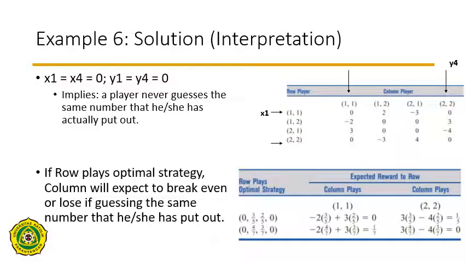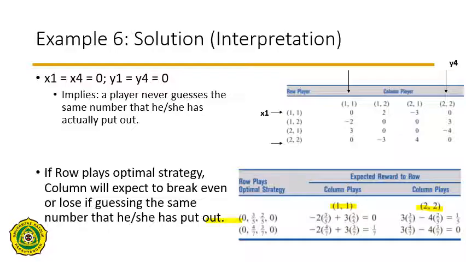To show this, let's create a table which shows that the column plays either 1,1 or 2,2. So here the column plays the wrong strategy, and the row player plays the optimal strategy.